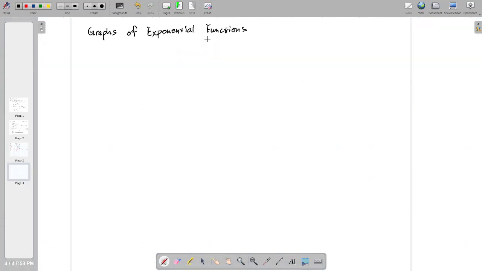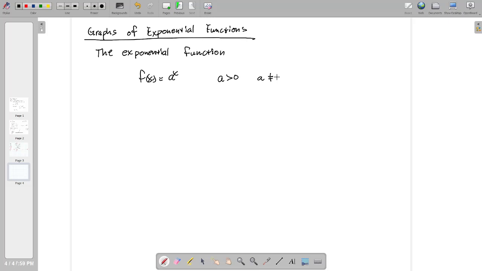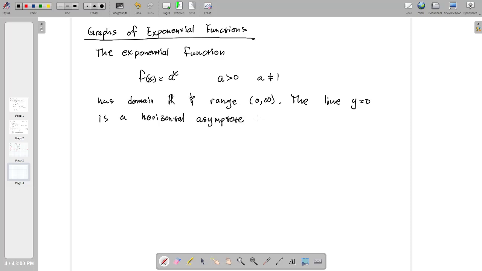Graphs of exponential functions. The exponential function f of x is equal to a to the x, where a is greater than 0, and a is not equal to 1, has domain R and range 0 to infinity, excluding 0. The line y equals 0 is a horizontal asymptote of f. The graph has one of the following shapes.